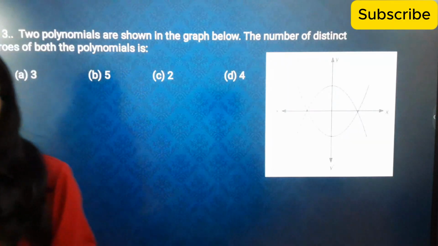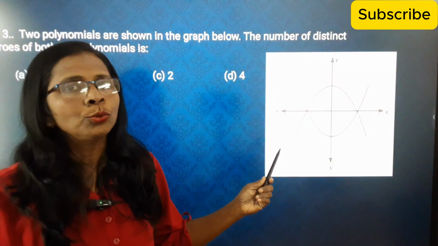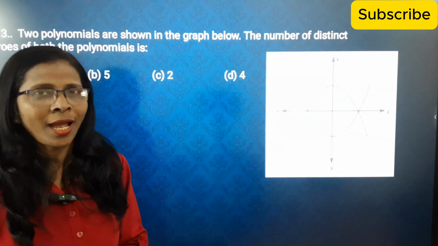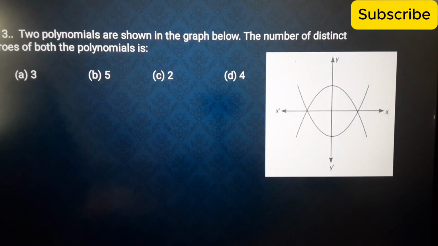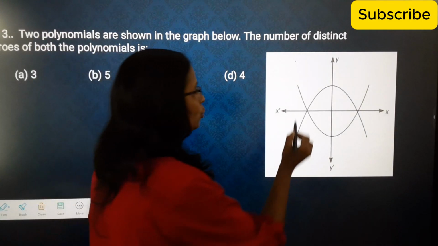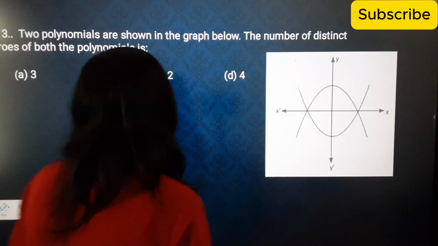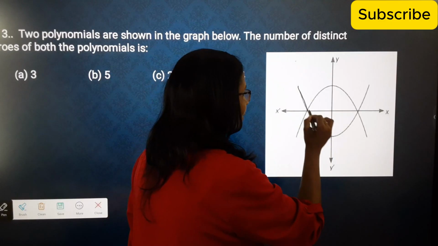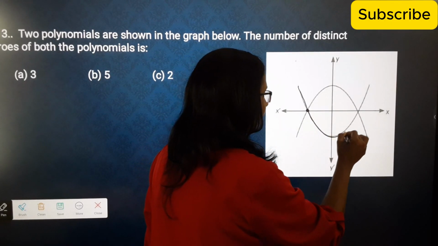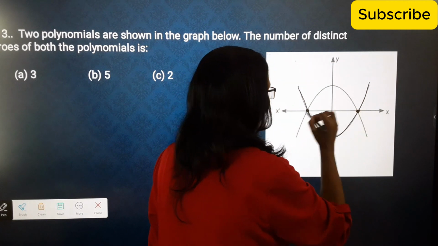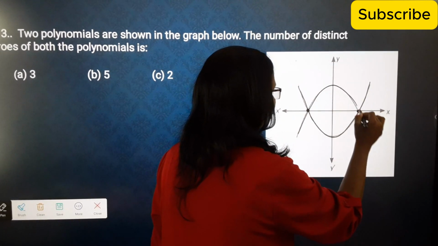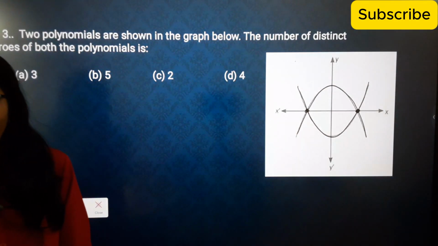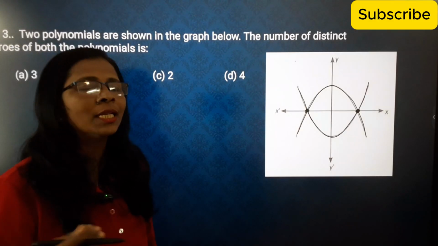Okay, so now these are the two given polynomials drawn with the help of a graph. By observing this graph, these two polynomials cut the x-axis at two distinct points.